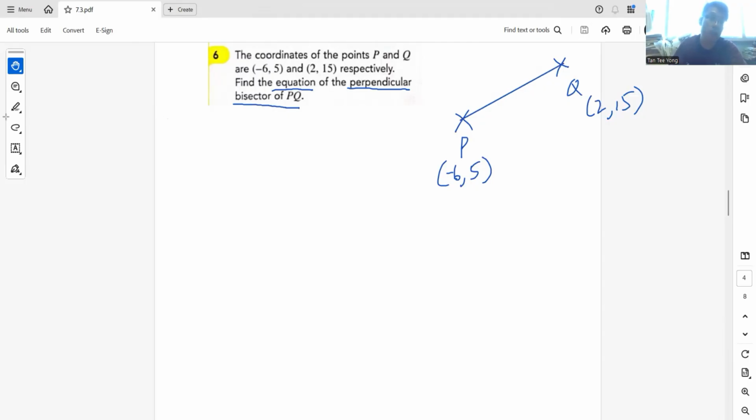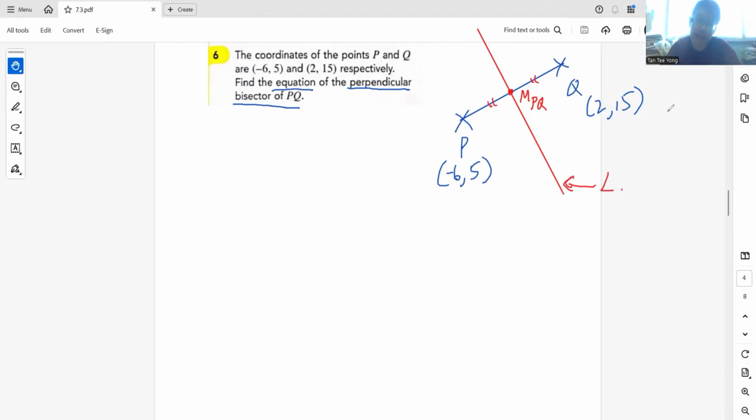And then they want us to have another line, which is what we call perpendicular bisector. So that means this perpendicular bisector must cut PQ at the center. So that means the length is the same, and this is the midpoint of PQ. Okay, so they want us to find this equation.